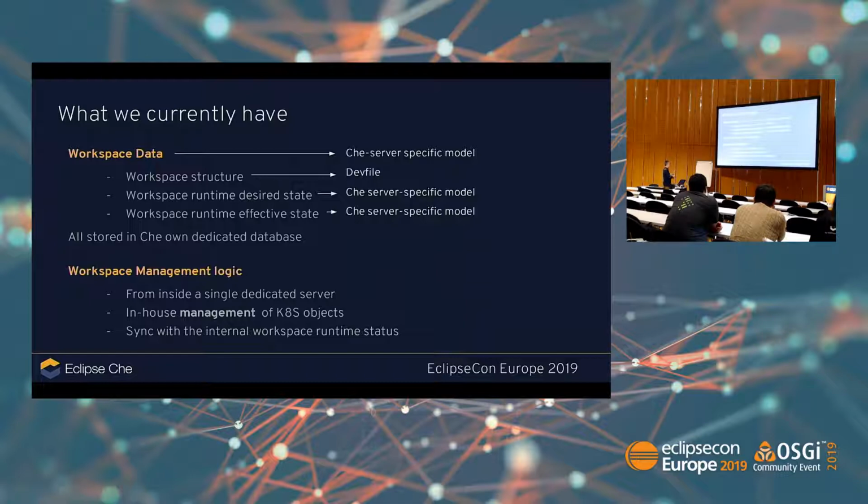And for the logic, a single dedicated server has to manage all the Kubernetes objects. Then you have to do in-house management to define the rules and check that everything is in sync, because you have Kubernetes objects and states stored in your database, and you have to maintain sync between all these with custom logic. This is what we have currently.